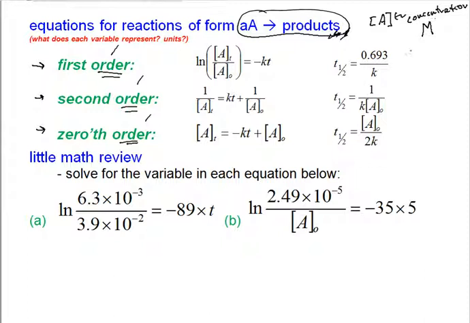So if I have bracket A with a little t on it, like this variable right here, what would that mean, Jonathan? More than likely, the concentration of A at, not temperature though, it's little t, time, at some time.